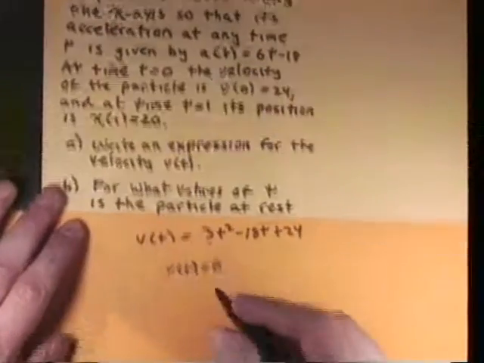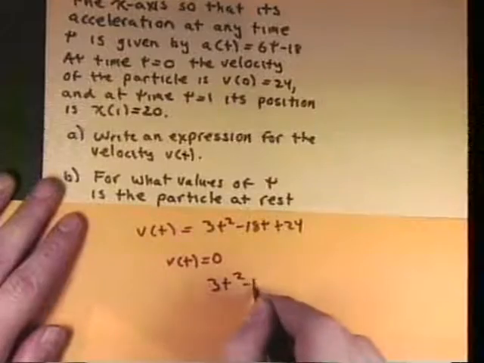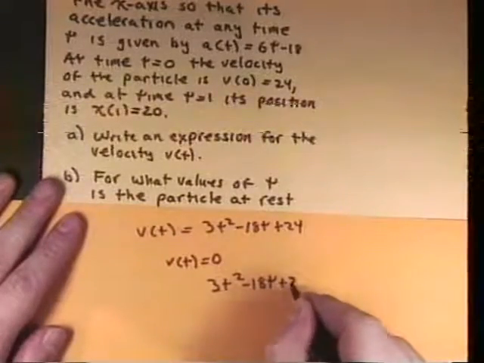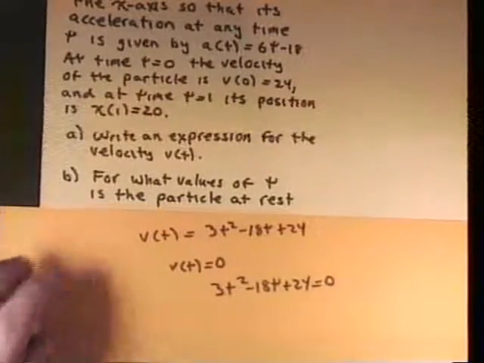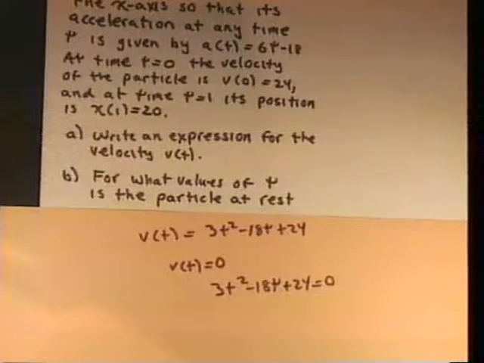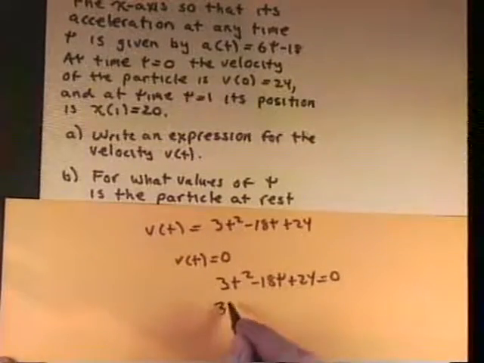And then you do this, without a calculator. You set this equal to 0, and what would you do? I would take a 3 out myself. I would take a 3 out myself, too.